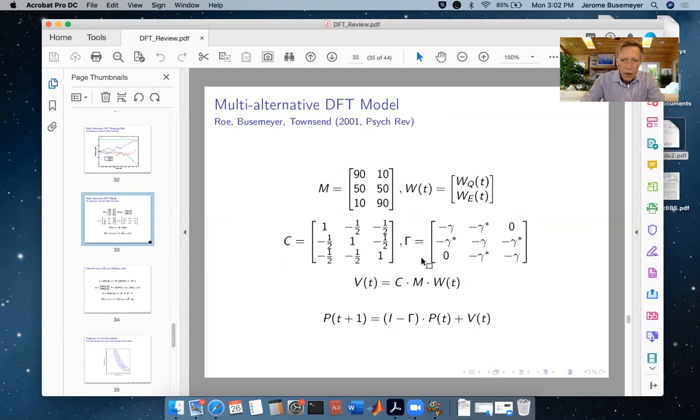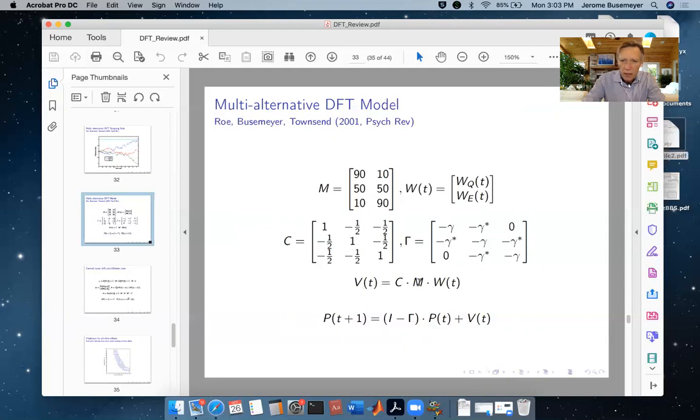So anyway, the way the model works is we define these matrices. This is a stochastic attention weighting vector that's changing from moment to moment. These are the values of each option on each attribute. These are comparing the alternatives, getting relative preferences. And then this is producing the lateral inhibition that makes a competition and produces a winner-take-all effect. The valence that's coming in each moment in time is the product of these three matrices.